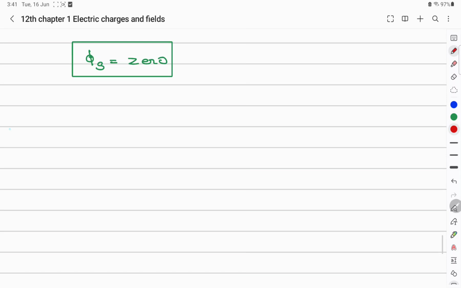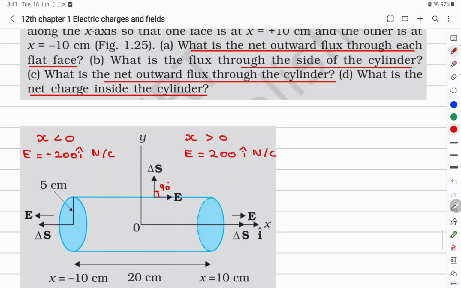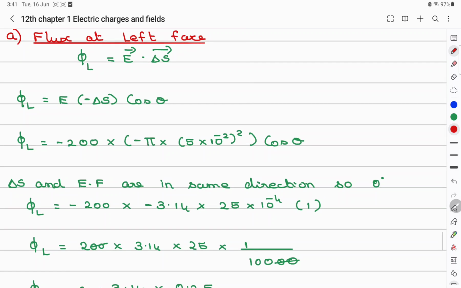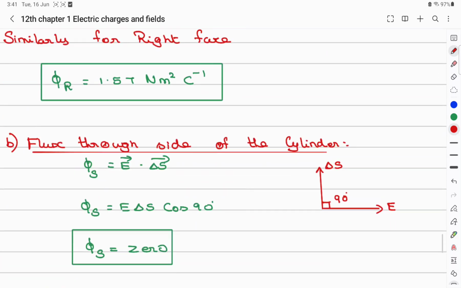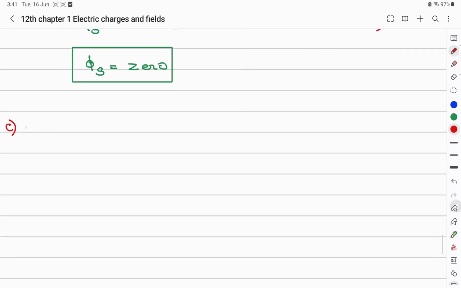The next question is, what is the net outward flux through the cylinder? For that we have to add the flux at the left face, the flux at the right face, and the flux through the side of the cylinder.